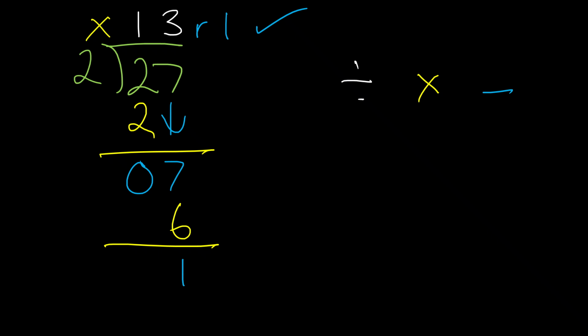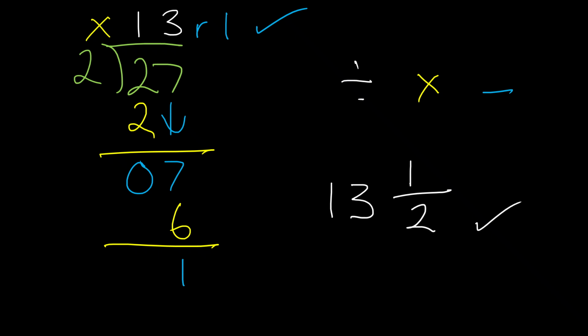And how you write that is 13. Instead of the remainder, we don't write the R. We put the 1 over the divisor, the 2. So it'll look like that. So the answer will be 13 and a half.